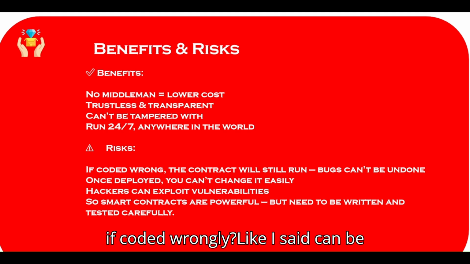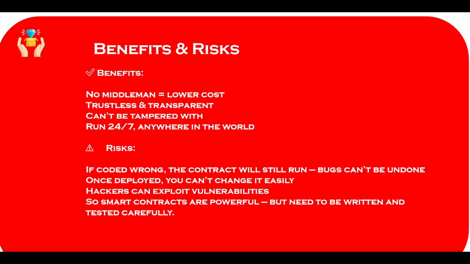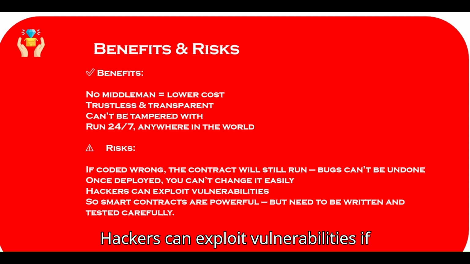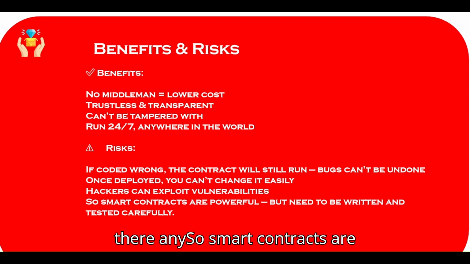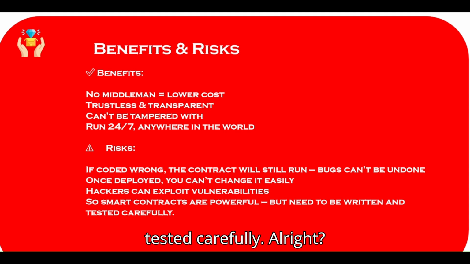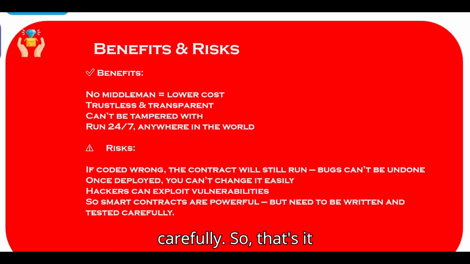If coded wrongly, the contract will still run. Bugs can't be undone. Once deployed, you can't change it. Hackers can exploit vulnerabilities if there are any. So smart contracts are powerful, but they need to be written and tested carefully.